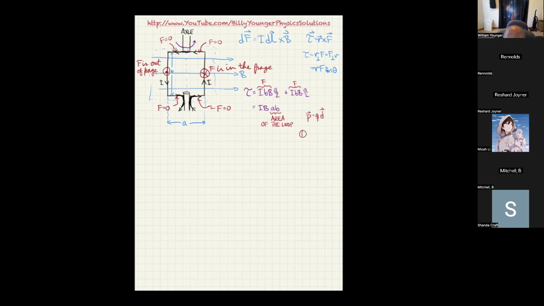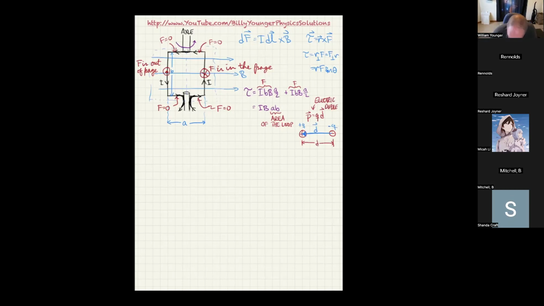You had a positive charge, you had a negative charge, the distance between them was D. So if you drew a vector pointing from the negative charge to the positive charge, in other words, the opposite direction that the electric field would point, and you call this plus Q and this minus Q, meaning they're equal but opposite, then P was the electric dipole. So that was how the electric dipole was defined.